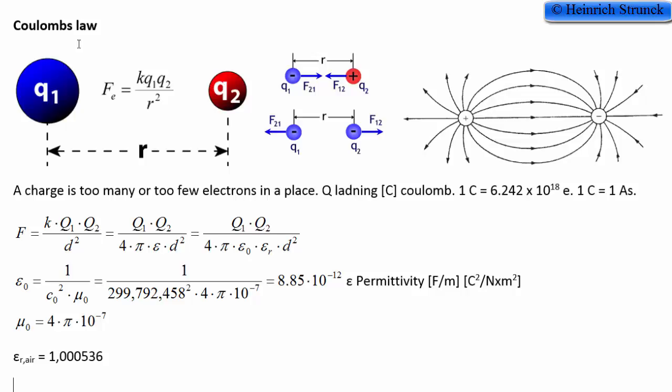So if we have vacuum up here, it means no air, no nothing. We have this number, but normally we have to multiply by a factor or relative number depending on the material between the two charges.